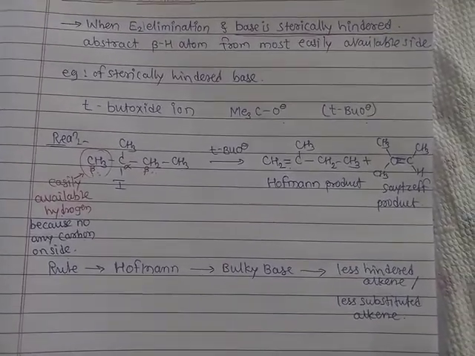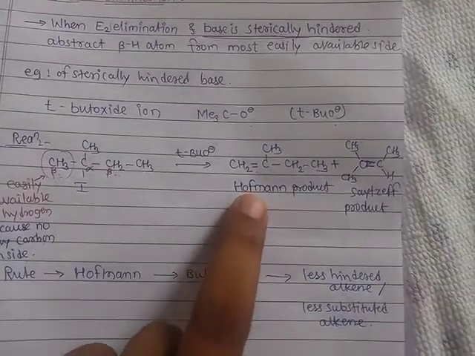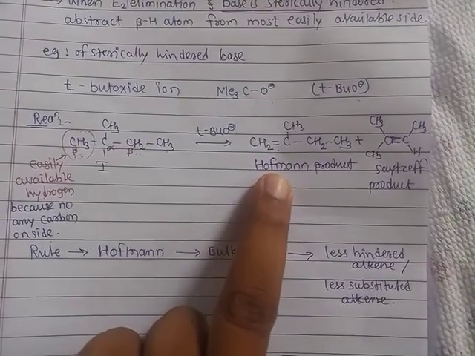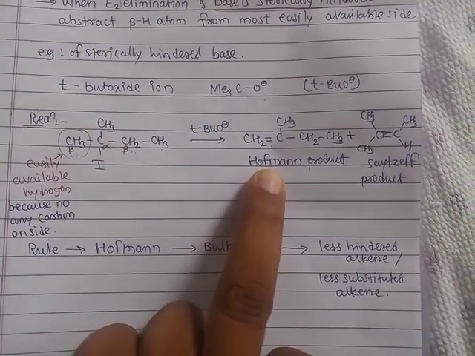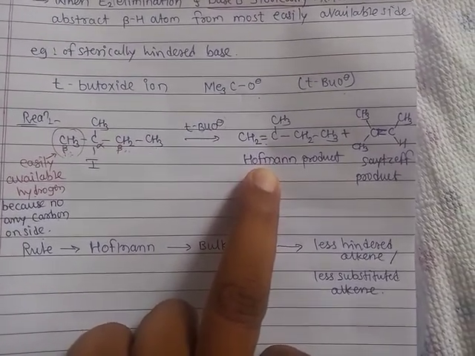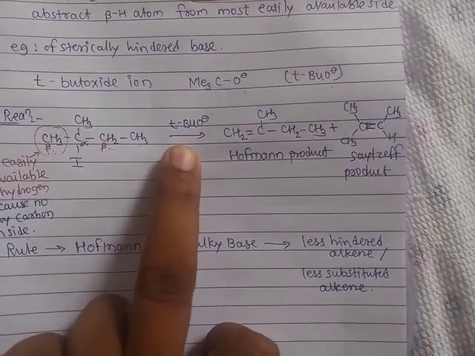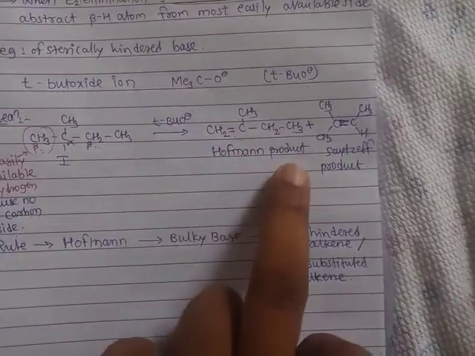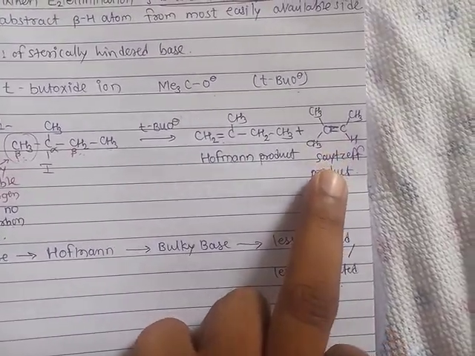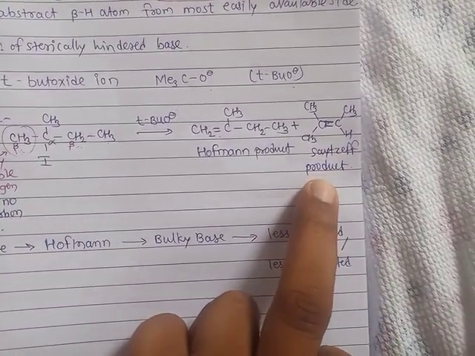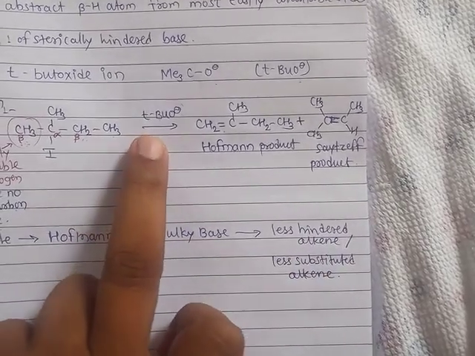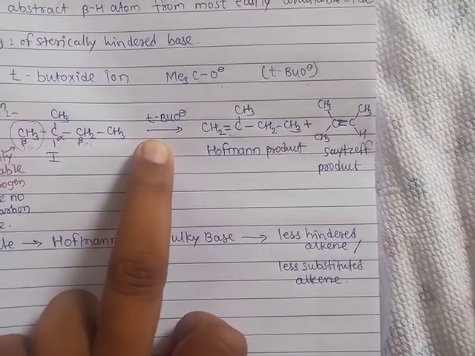So we will get the Hofmann product like this, that is the less substituted alkene, as the major product when a bulky base is used, and we get the more substituted alkene as a minor product, that is the Saytzev product.